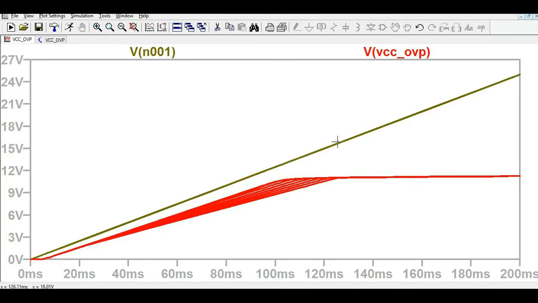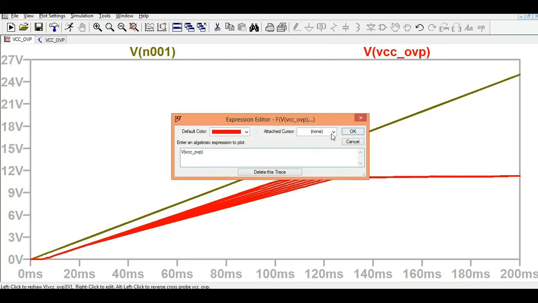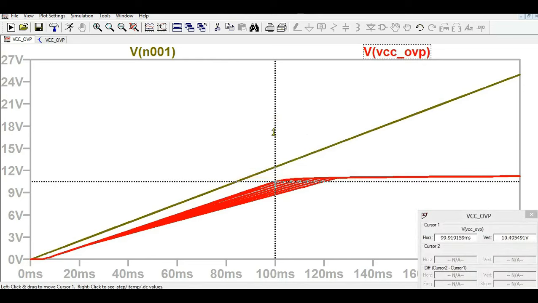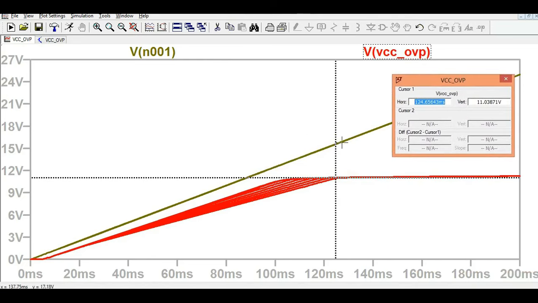Let me add the cursor, guys, so you can see better. Cursor 1, that's enough. So after this point, the voltage at this point is around 15 volt.